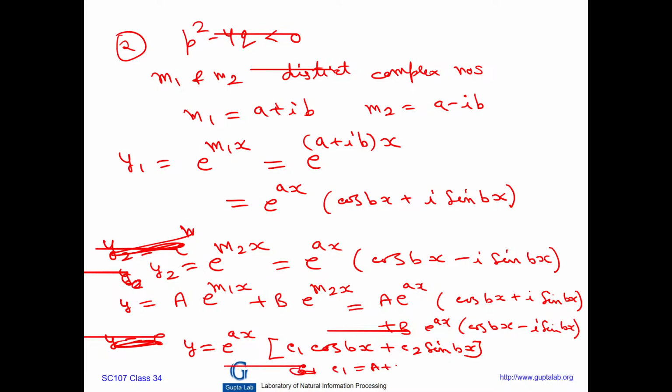A plus b, and what is c2? i times a minus b, right? नया कॉन्सेप्ट तो अभी थोड़ा अच्छा लग रहा है. c1 c2 में याद करना है फॉर्मूला, तो इसलिए हमने a b ले लिया वहां पे. नाउ दिस इज द सॉल्यूशन.